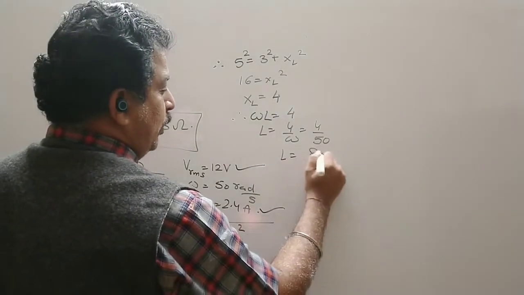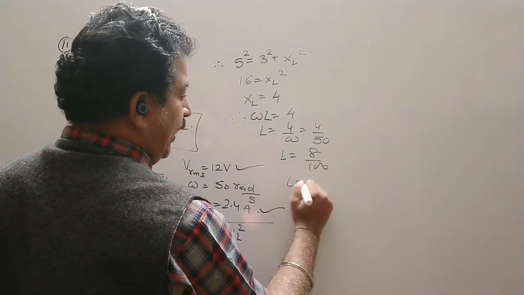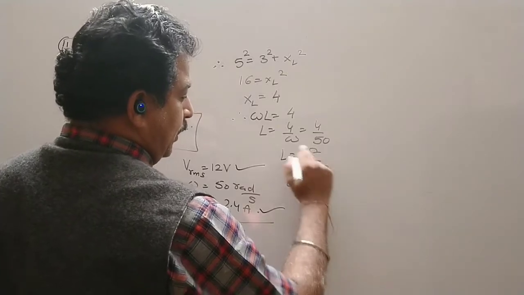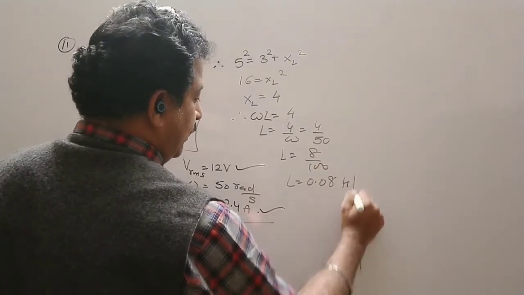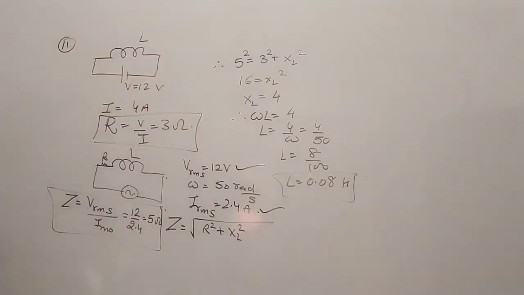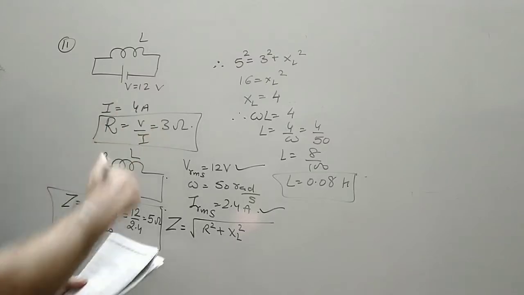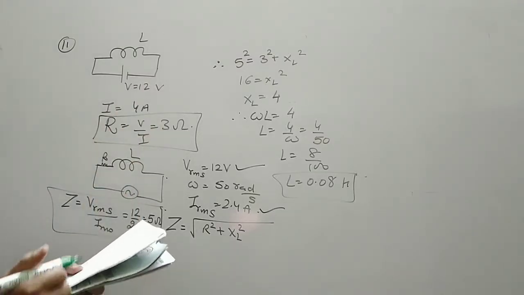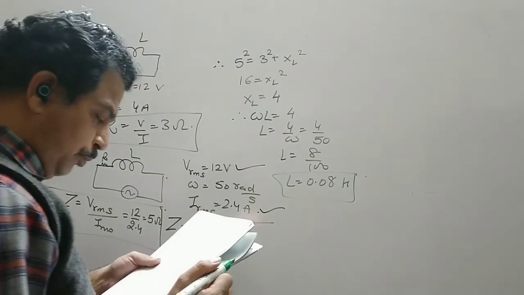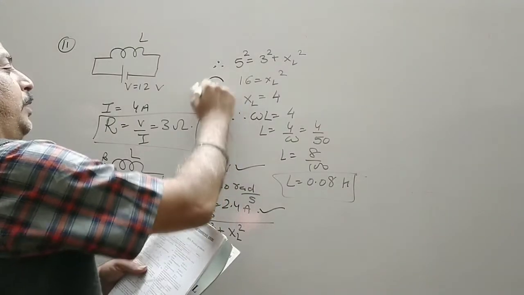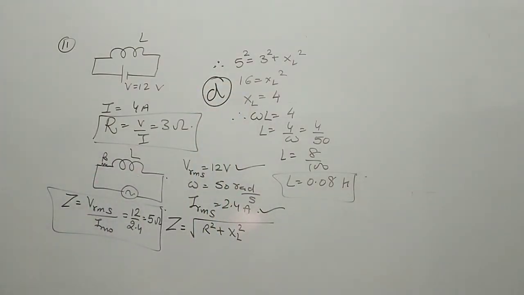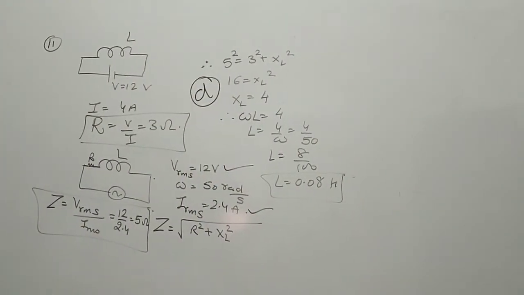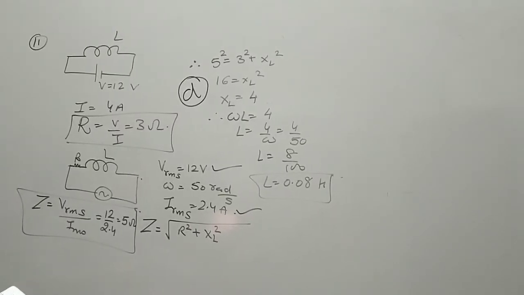So L is equal to 8 upon 100, so L is equal to 0.08 Henry. This is how we calculate L when the inductor coil is connected with DC and AC source. So this option should be option number D for question number 11.